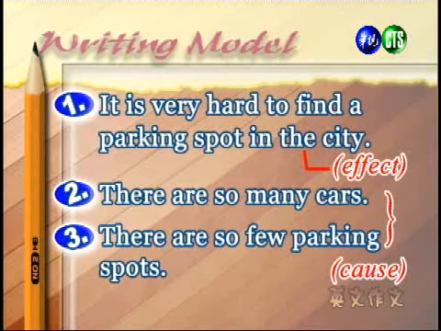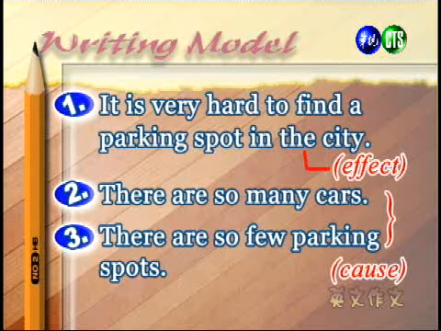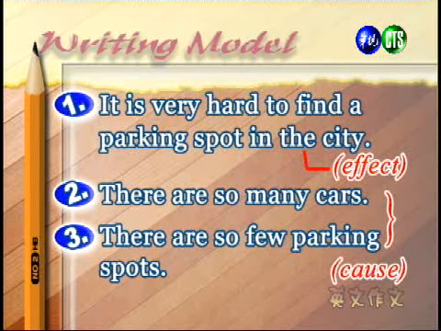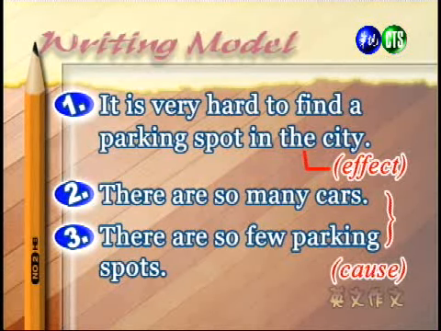To show a cause and effect relationship, we can combine these sentences together in a number of different ways, and the final sentence that we decide on using will be determined by the emphasis that we're trying to make.